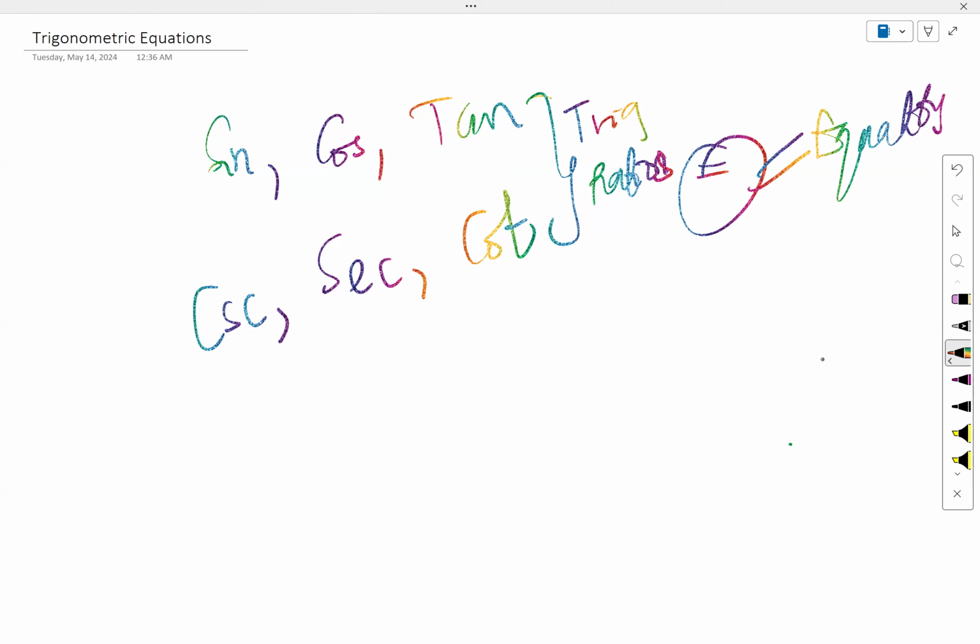So basically, in solving trigonometric equations, we get the values of the angles in the four quadrants. You remember in a previous video, I talked about the four quadrants.